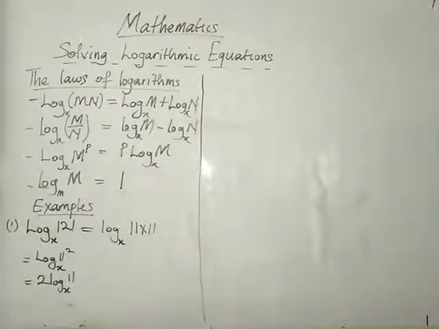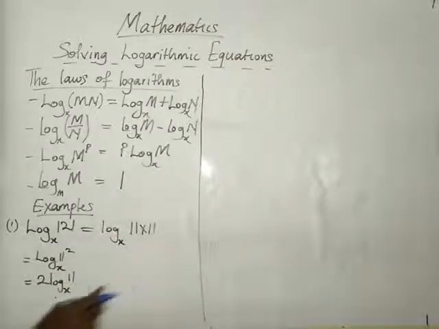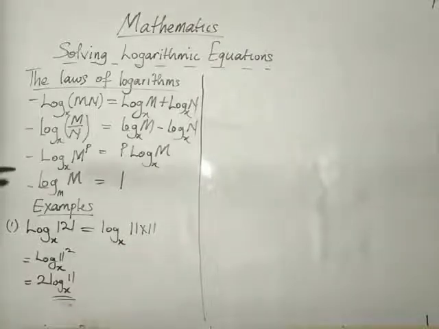Provided that the log of 11 is not given a particular value, here I have been able to justify the use of log 3, giving me 2 log 11 to base x.